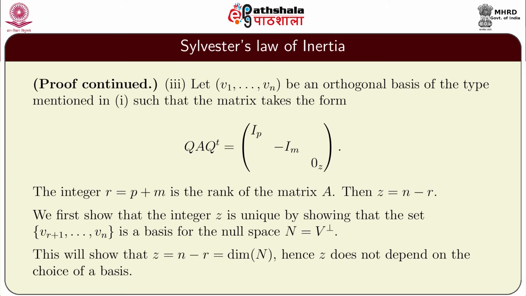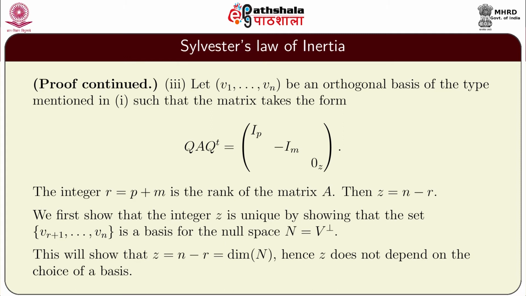And that is equal to Q A Q transpose. Now, the integer R, which is P plus M, that is the number of non-zero rows, as you can see, is the rank of the matrix, and therefore Z must be equal to N minus R.